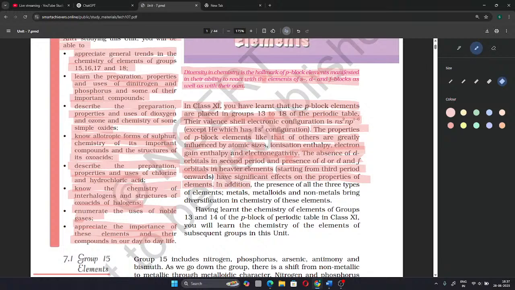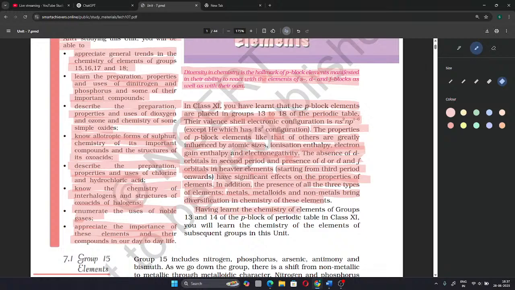In addition, the presence of all three types of elements, metals, metalloids and non-metals, brings diversification in the chemistry of these elements. There are metals, metalloids and non-metals in the p block.